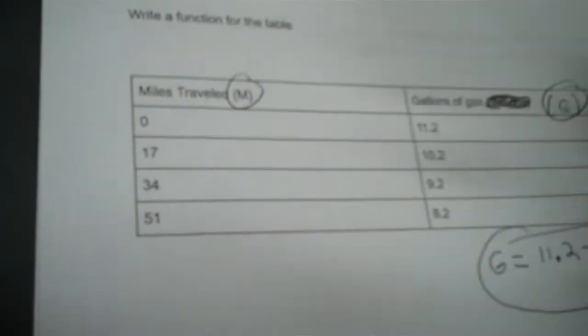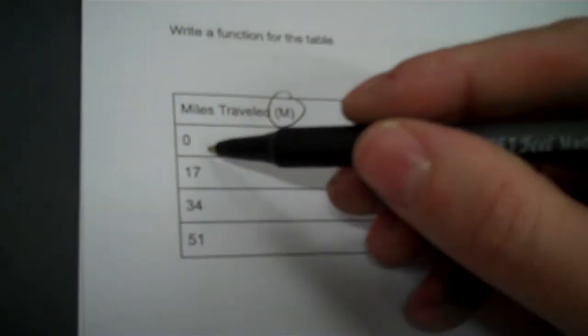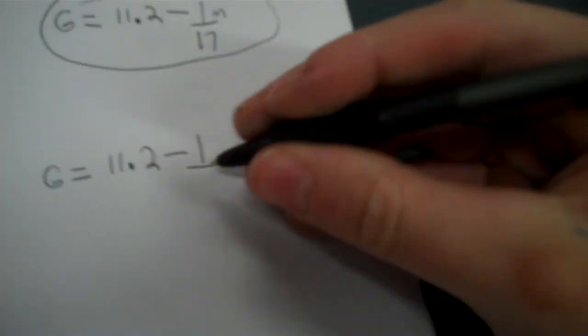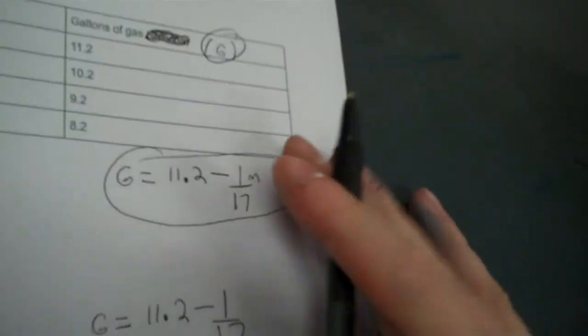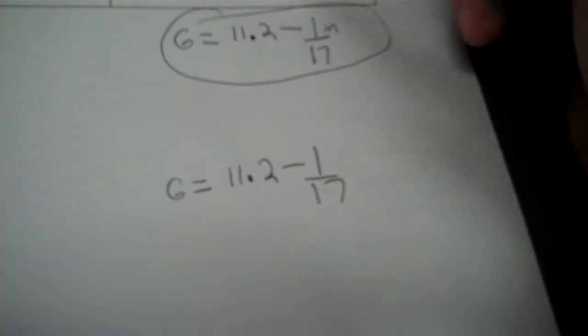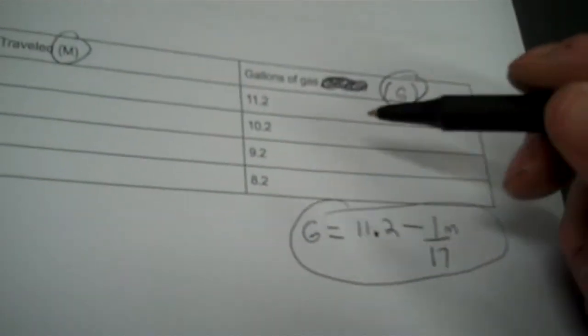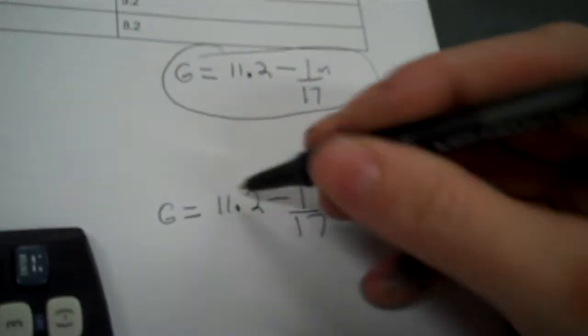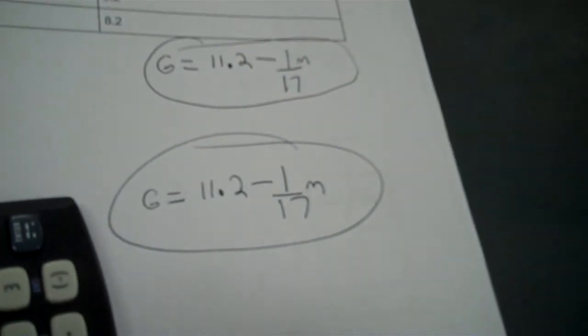But then I'm underlining the 1 because that's going up by 17. And to discover that's going up by 17, you go 51 minus 34, 34 minus 17, 17 minus 0, okay, 17. And again, I need to see the variable, because you're subtracting 1 every 17m. Okay, that's how that works. That's your answer.